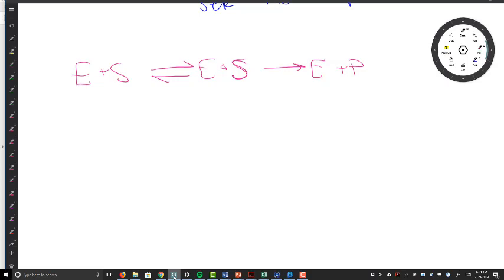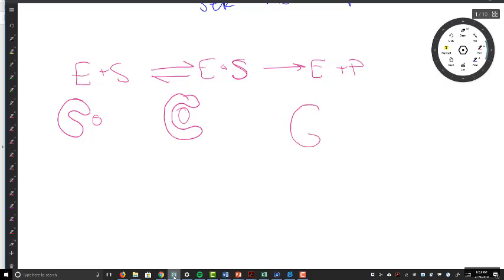So if we have our enzyme and our substrate, the step that goes between enzyme and substrate floating around in solution, and for the substrate to pop into the enzyme pocket, these two have to run into each other, and the substrate has to actually go into and stick to the binding pocket.